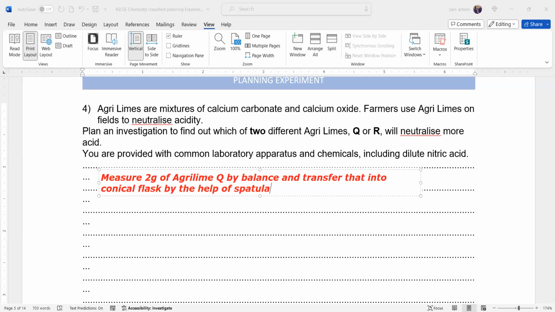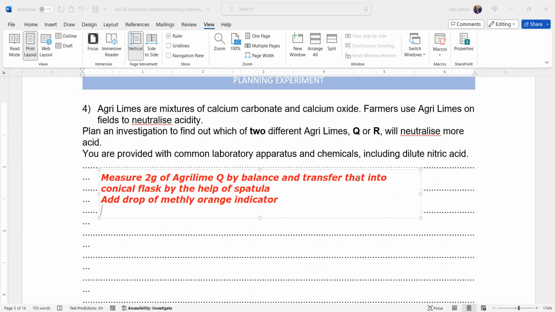So if we measure 2 grams of Agri Lime Q, we measure its mass by balance, and we transfer that into a conical flask. Then add drops of methyl orange as an indicator. Then, after adding, fill the burette with nitric acid.